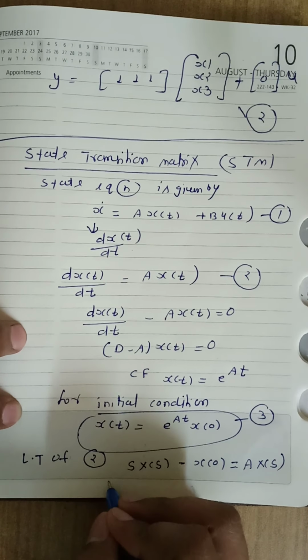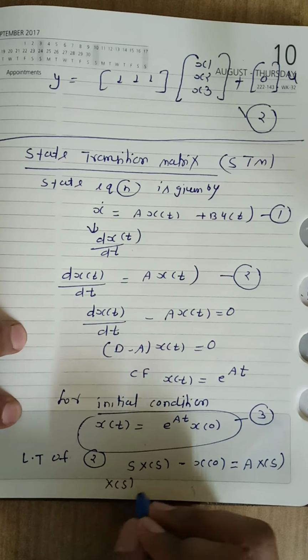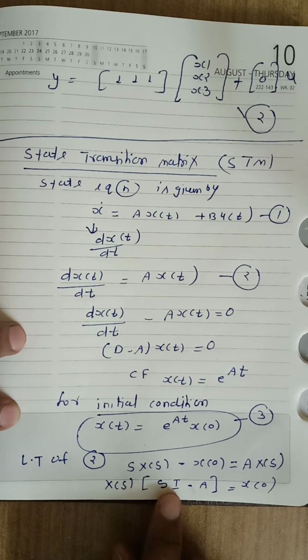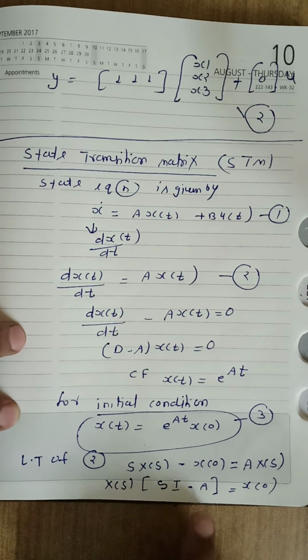Or we have X(s) times (sI minus A) equal to x0, where I is the identity matrix because A is a matrix.